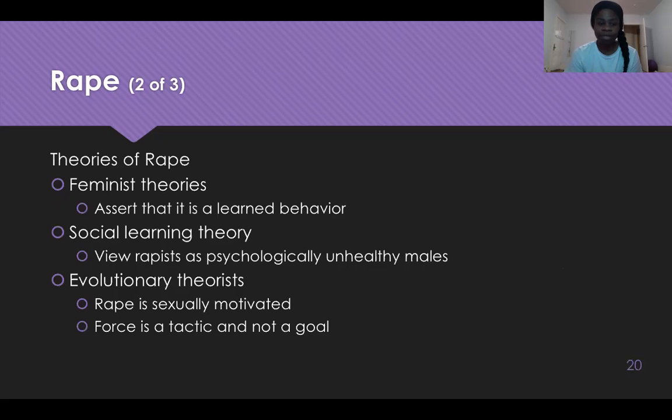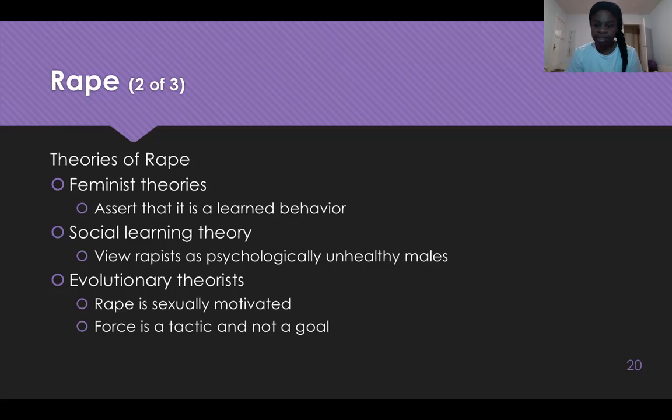Okay. Some of the theories around rape. Let's look at some feminist theories. Feminist theories maintain that all men have a propensity to rape. That doesn't mean that all men are going to rape, but they have the propensity to rape, and that the act is about power and not about the sexual act itself.